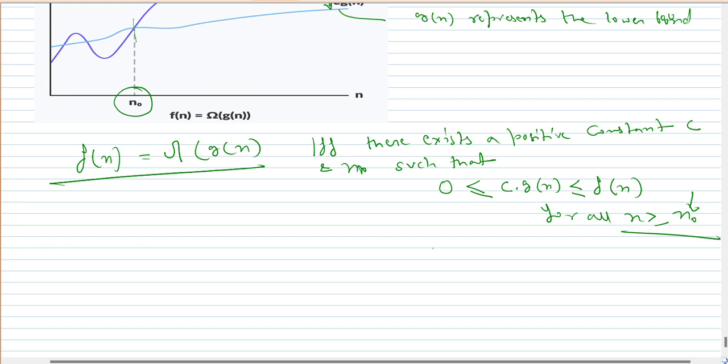We will also see the examples of this omega notation.